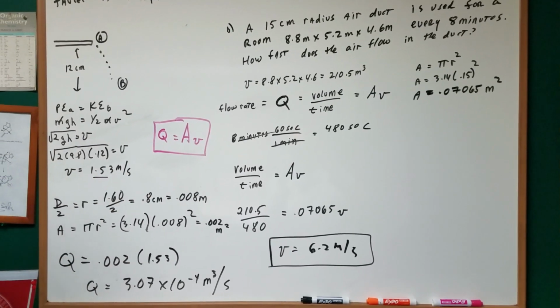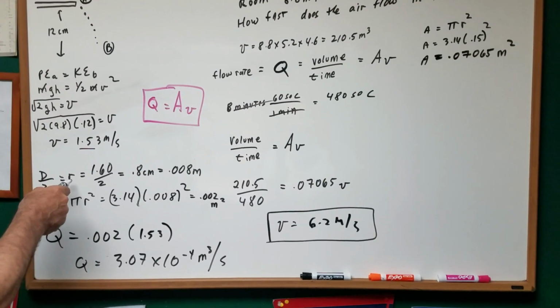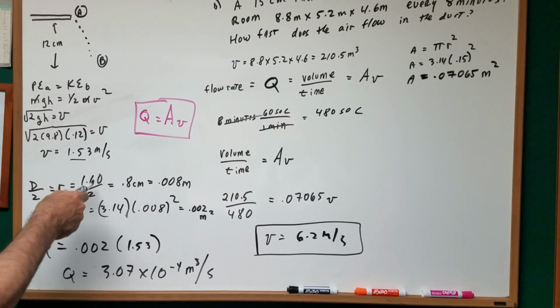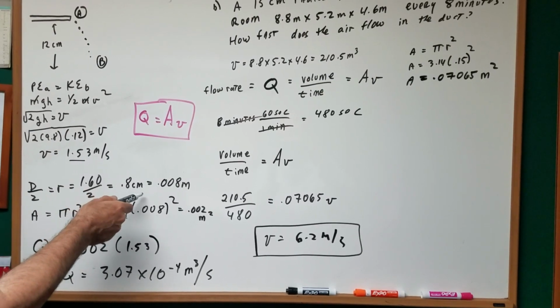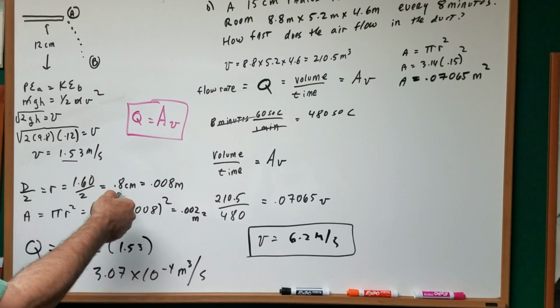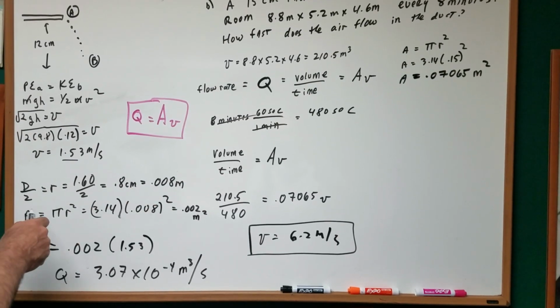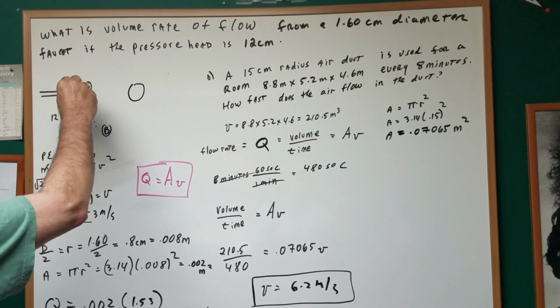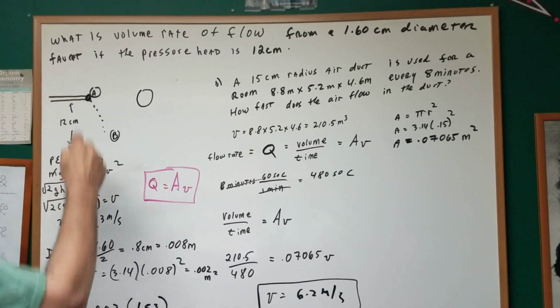Let's get the area. Well, the diameter over 2 is the radius, so we know that the diameter is 1.60 divided by 2. You get 0.8 centimeters for the radius. 0.008 meters is the 0.8 centimeters. Now, if you looked at a faucet, it's circular, right? If you looked up here, this is a circular hole.